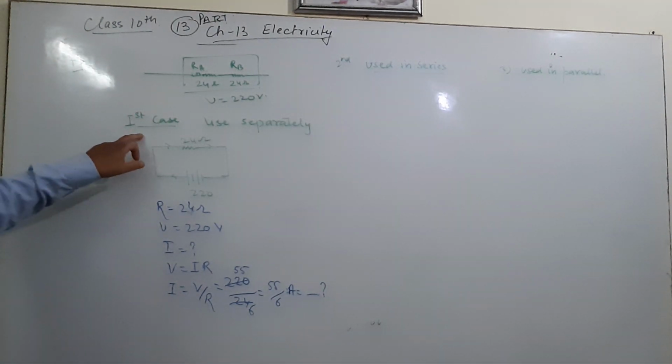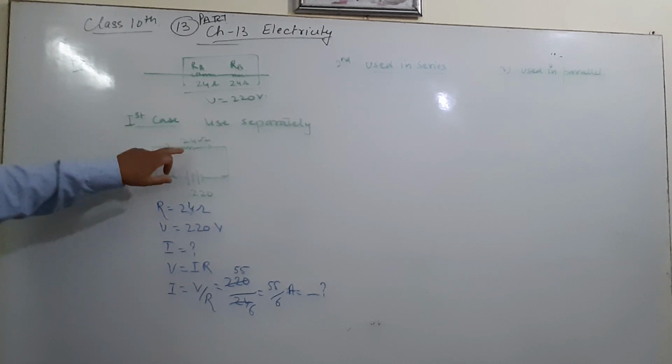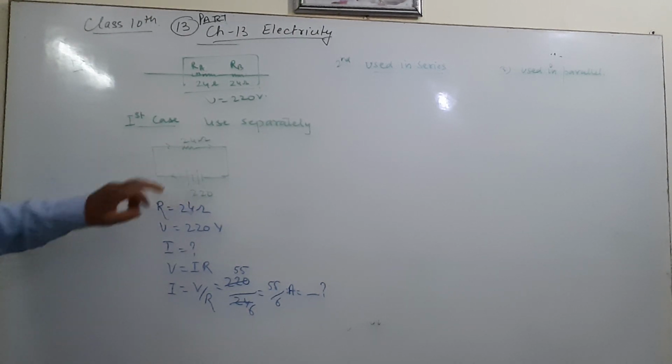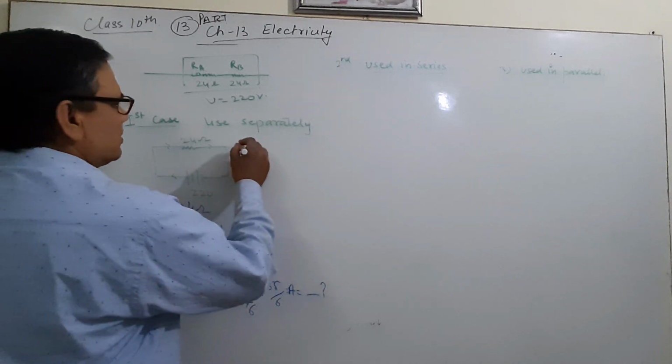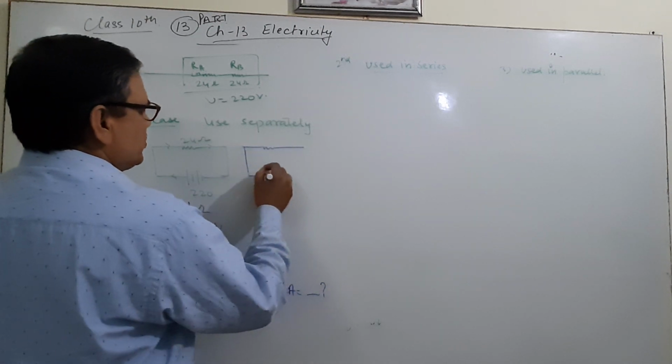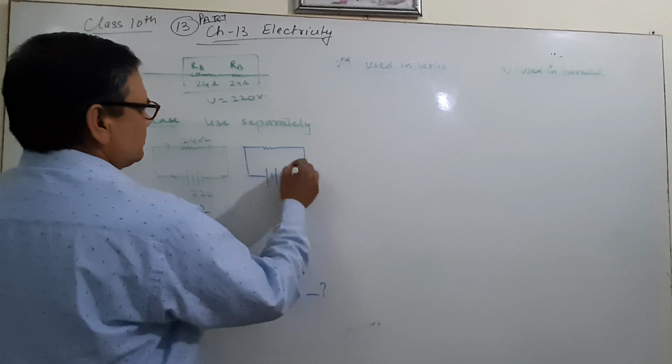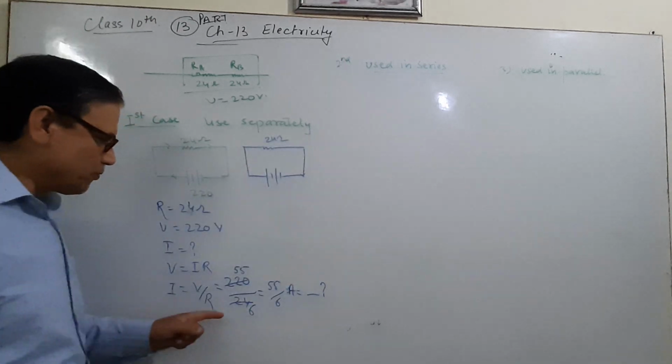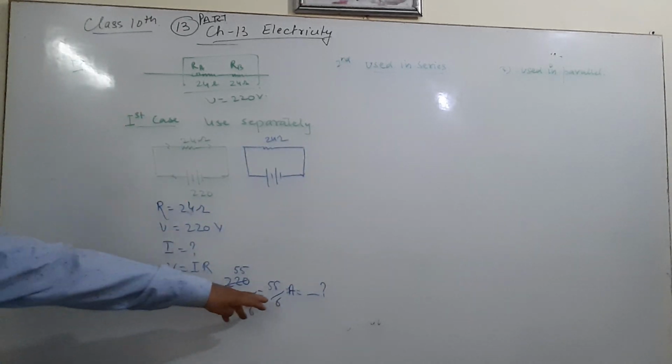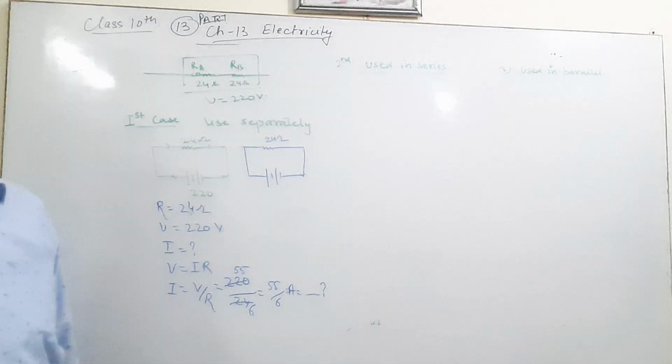It means when the resistance of 24 ohm is used separately, and the other one is also the same, the amount of current is 55 upon 6, and you have to divide and find the answer in decimal form.